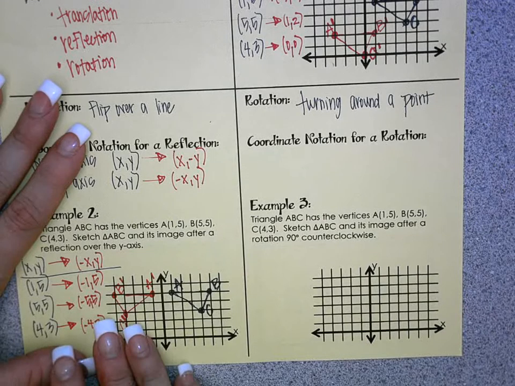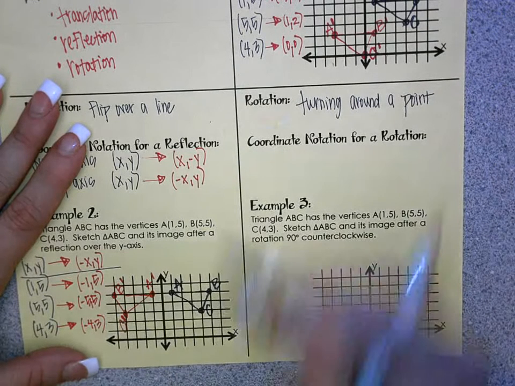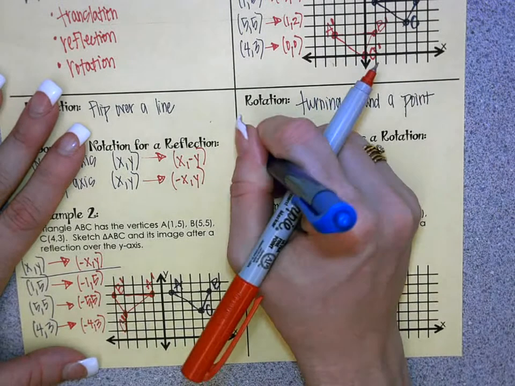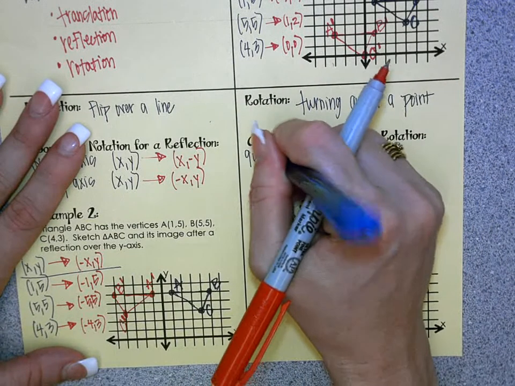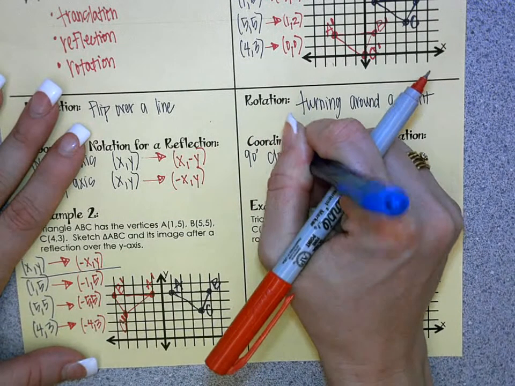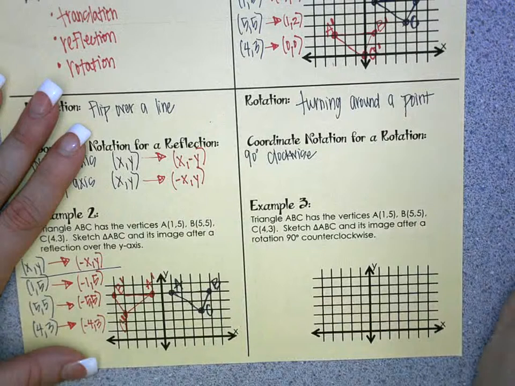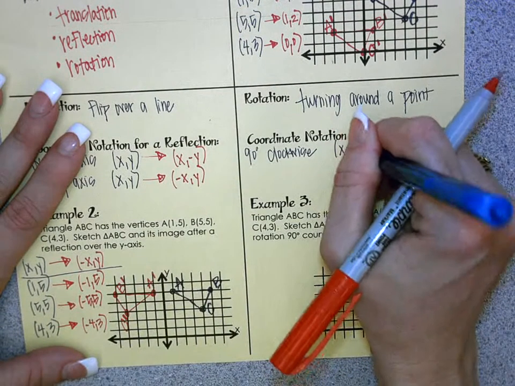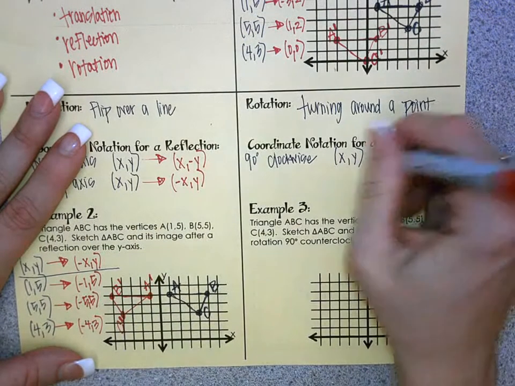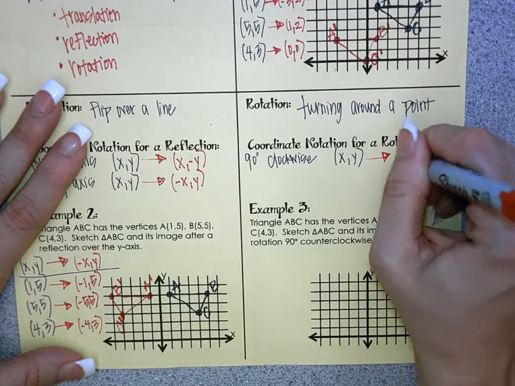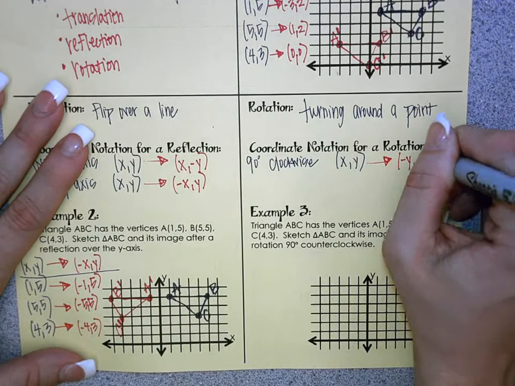So the way you turn around a point is if you are going 90 degrees clockwise. There's 3 different types of rotations. If you're going 90 degrees clockwise, it goes from X, Y, and will become negative Y, comma X.